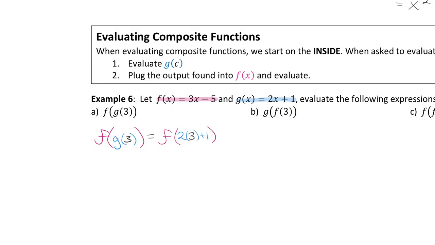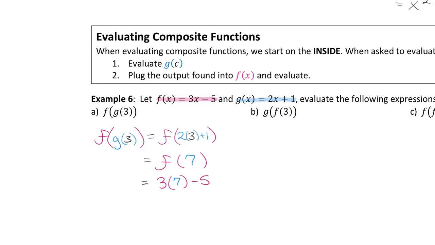What is 2 times 3 plus 1? 7. So this becomes f of 7, because 2 times 3 plus 1 is 7. Well, now f of 7 is telling me to take the output I got, 7, and immediately plug it back in, but into a different function. So f of 7 is asking me to do 3 times 7 minus 5.